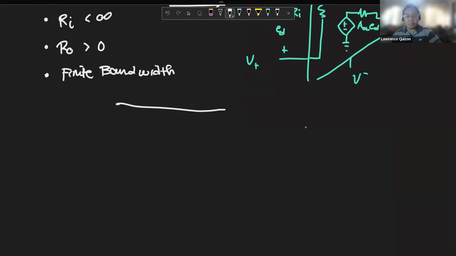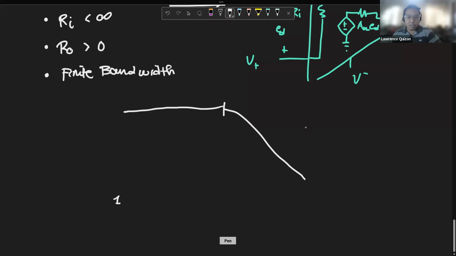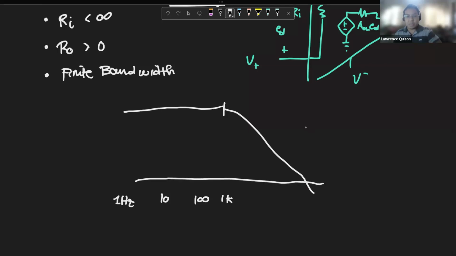So for real amplifiers, usually ganito yung itsura nung gain nila, no? So at low frequencies, like 1 hertz, 10, 100, 1K, hertz as in yung frequency nung pinapasok nating signal.